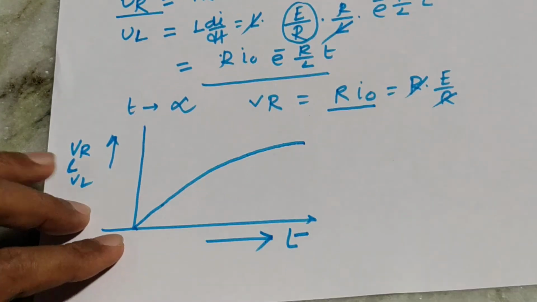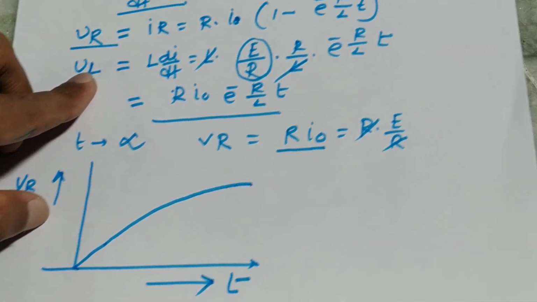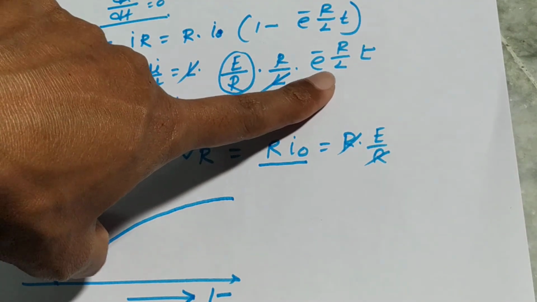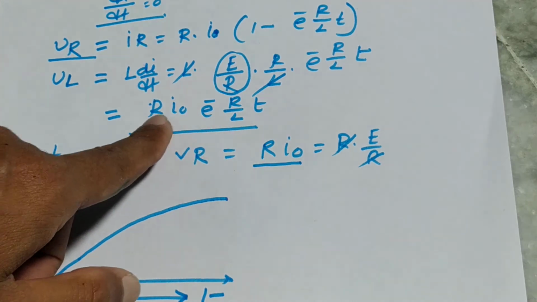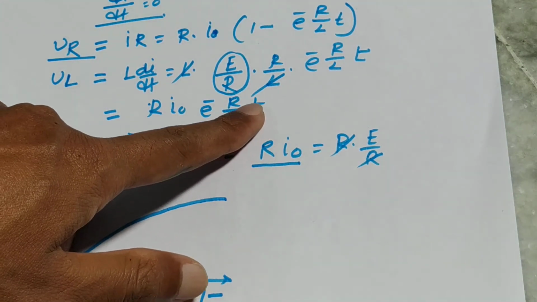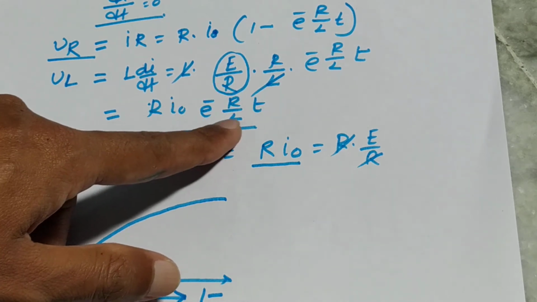Okay, but if we see the equation of the voltage drop across the inductor, at t equal to 0 this term will be 1.